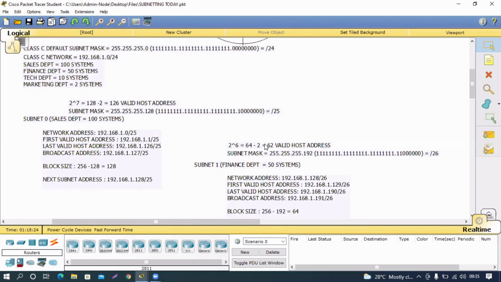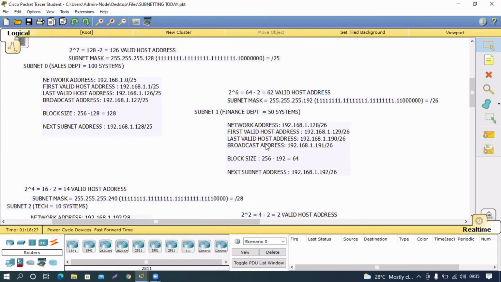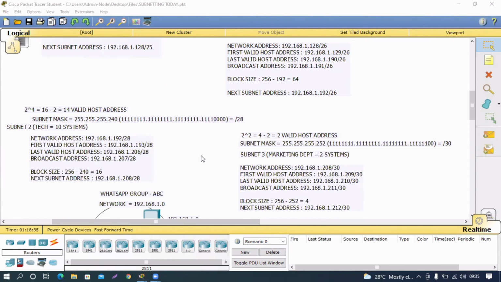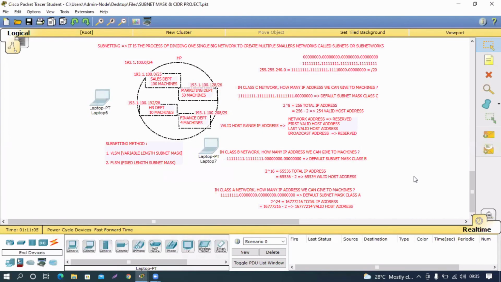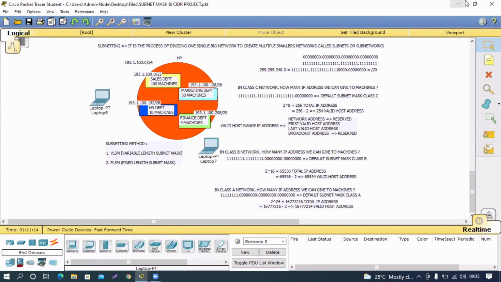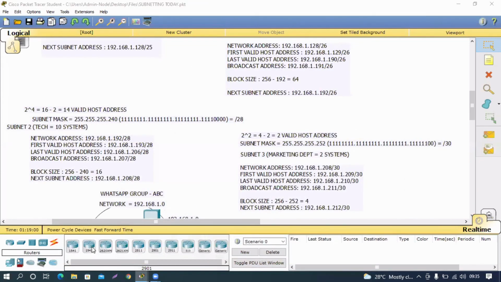Then take this. And lastly, we are having this. This is the last section. And similarly, this part. Taken. Okay, that's it. Now do this requirement.